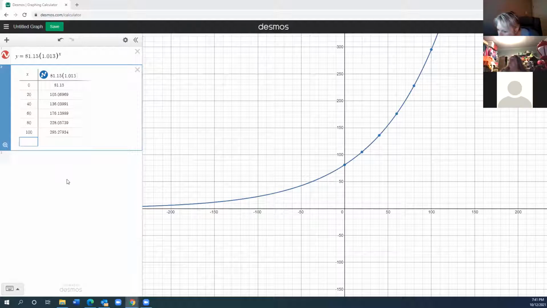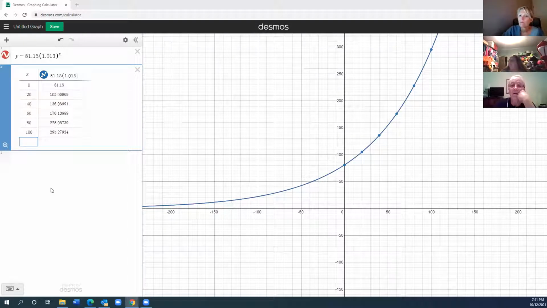You have 81.85, and I got 0, 20. You have to replace your X values with the ones that are in the table. But my numbers aren't changing. You have an N in your little circle. I don't. Why is that? What did I do different?